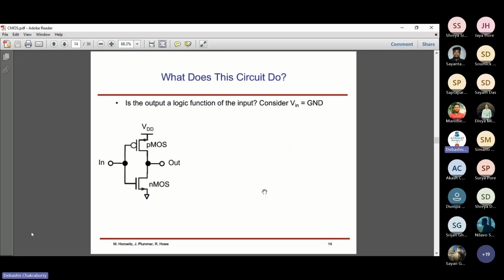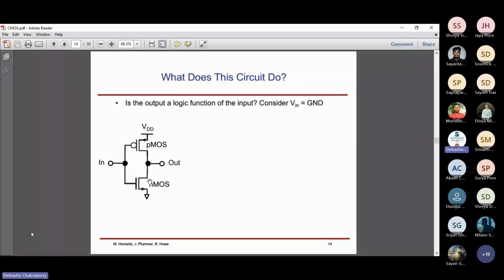Now we have a composite device, and the name of the device is complementary MOS, the complementary metal oxide semiconductor, the CMOS device, where we have two transistors connected together.